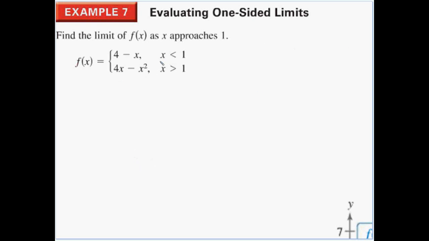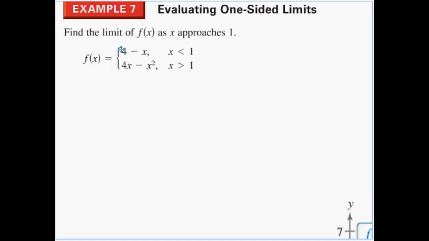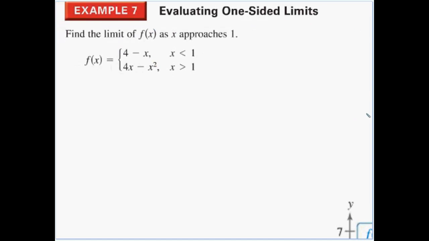So if we get a 1, we have no place to plug it in. But remember, these limits are about the approach as we get close. So if I want to analyze this one, I'm going to plug 1 into the top piece of the function, and I'm going to plug 1 into the bottom piece of the function. Even though there is no 'or equal to', remember, it's all about the approach.